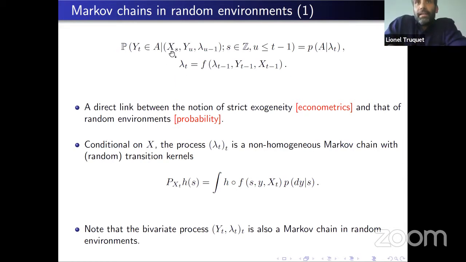So conditional on X with this type of specification, we can check that the latent process lambda t is a non-homogeneous Markov chain with transition kernel that are random and that depend on the covariate. We can also see that the bivariate process, because the quantity of interest is Y, is also a Markov chain in random environment, but the main point will be first to study this non-homogeneous Markov chain that will define the lambda process.